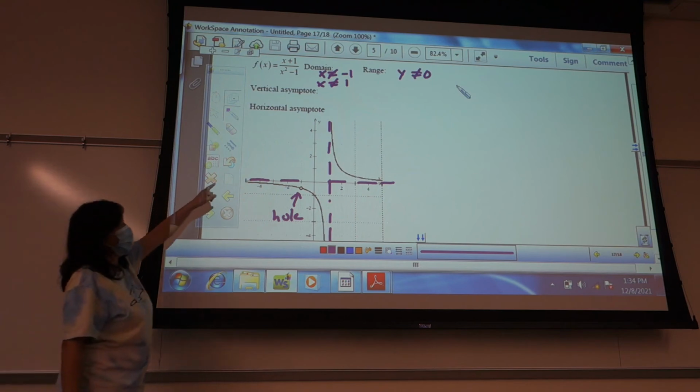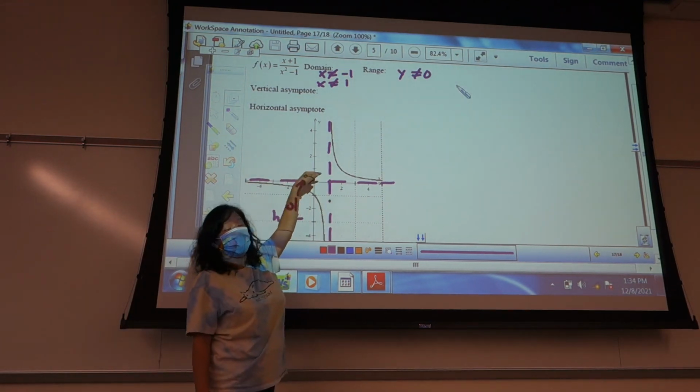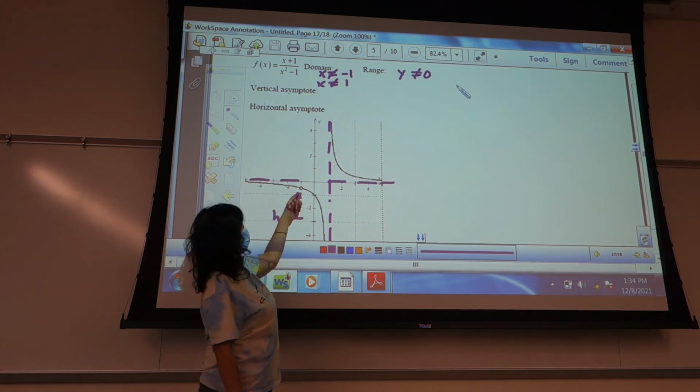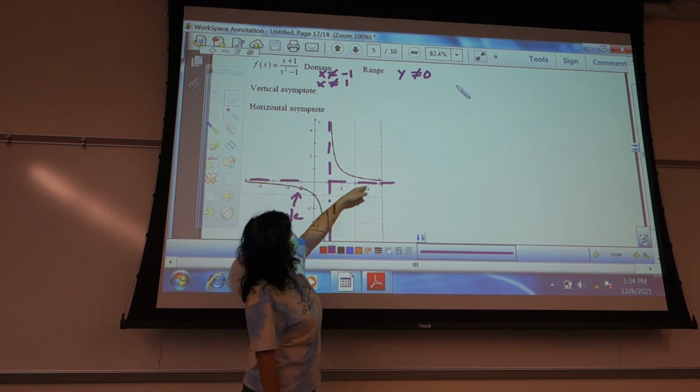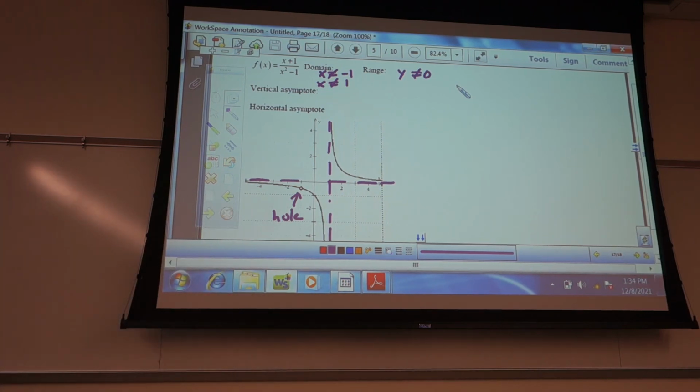So remember, whenever you have these asymptotes going on, that's what x or y cannot be. And it looks like it can be everything else, right? It kind of goes through everything else. So that means that my vertical asymptote, my vertical is up and down, is at this spot right here. That's when x is what?